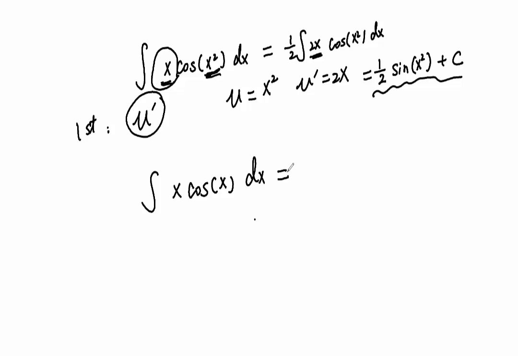The first step, when I look at this problem, what type of problem do we have right here? X, or is it a trig problem? Just a trig. Okay, so we are not even looking at x yet. I'm looking at my trig function first. So the first is looking at the cosine.